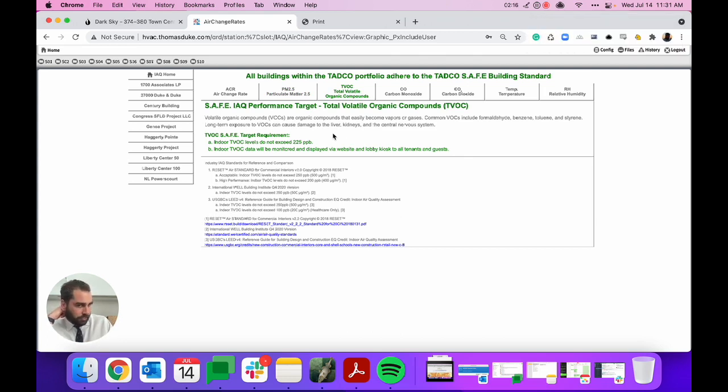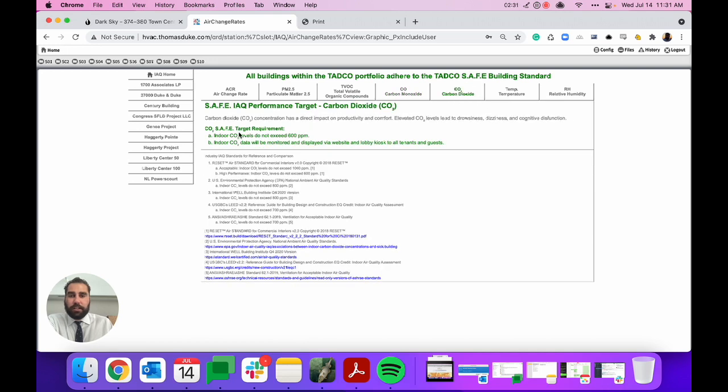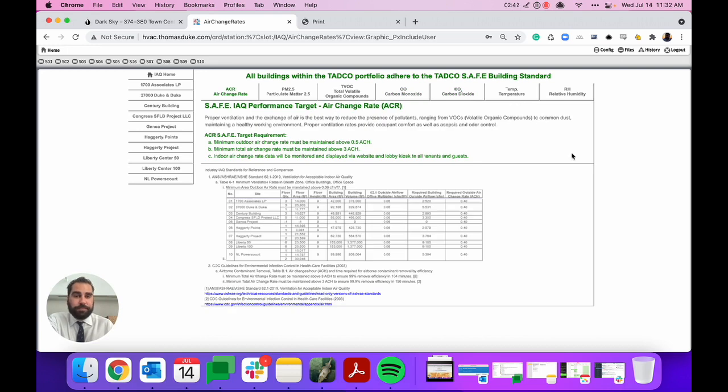We do see these readings spike if, let's say, someone is painting in the building or if the janitorial is doing some harsh cleaning. We do notice an uptick on those. Carbon monoxide, we have no issues with carbon monoxide. Carbon dioxide, just from people exhaling, if we don't bring in enough outside air, we can see that number go up. Through COVID, we've really been increasing the amount of outside air coming in.